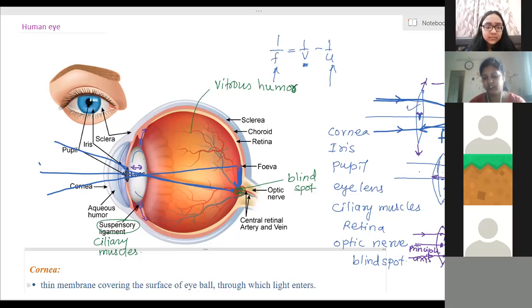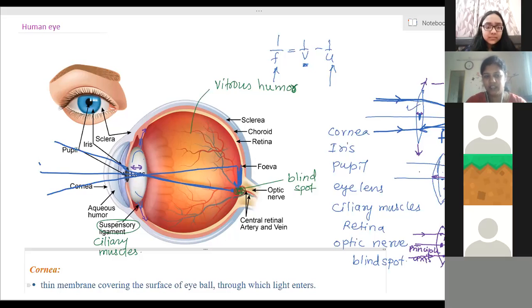All that information is sensed by cones, and both these cells convert this information about the image into electrical signals. Electrical impulses are produced by these cells. Rods and cones convert optical information into electrical signals.